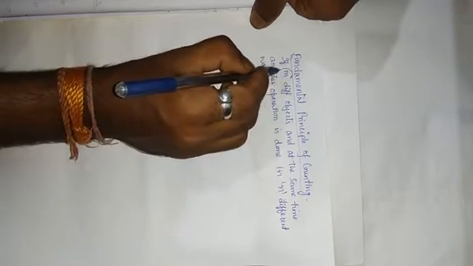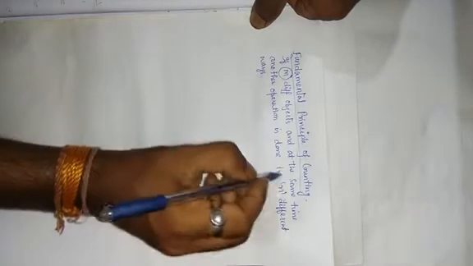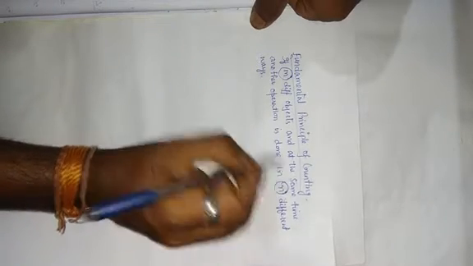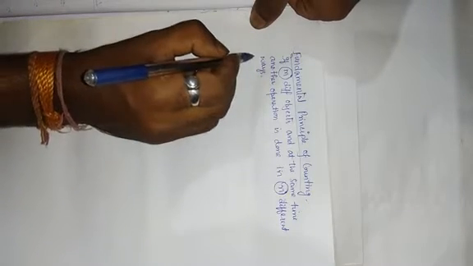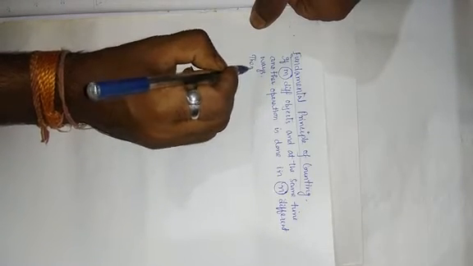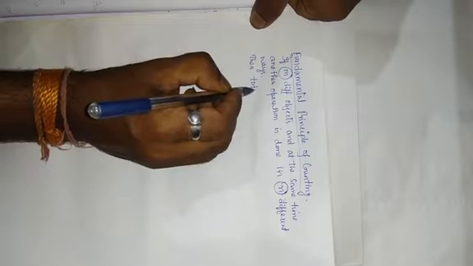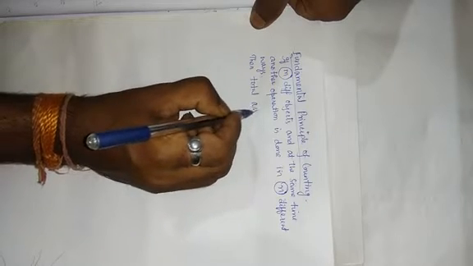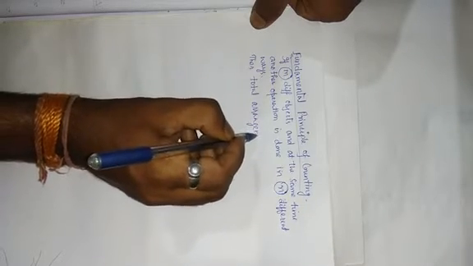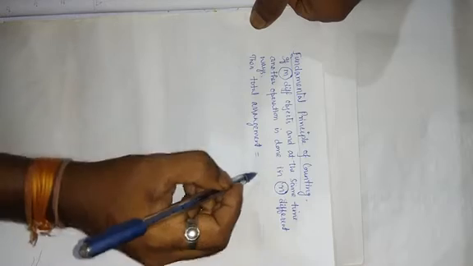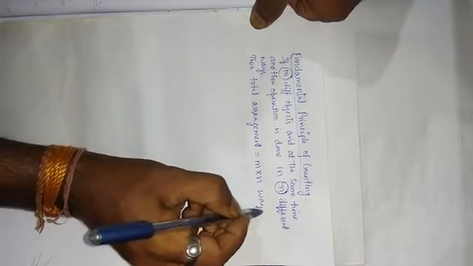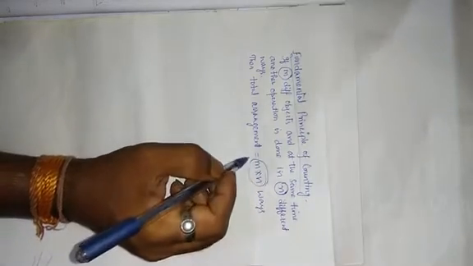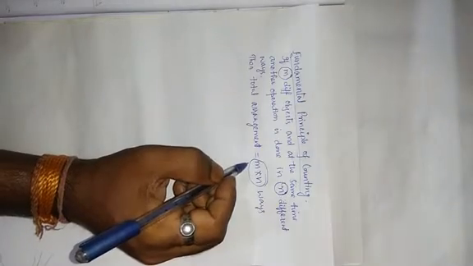If we have m different objects and at the same time another operation is done by taking n different objects, then total arrangement is equal to m cross n ways, that is the product of both the numbers.